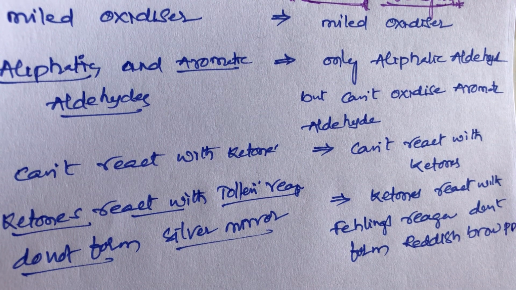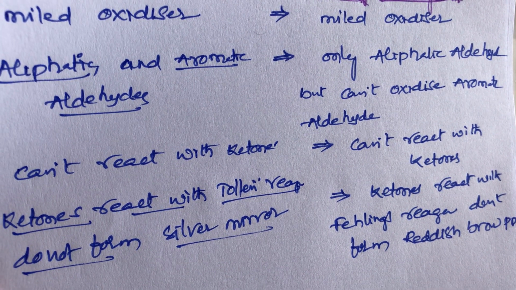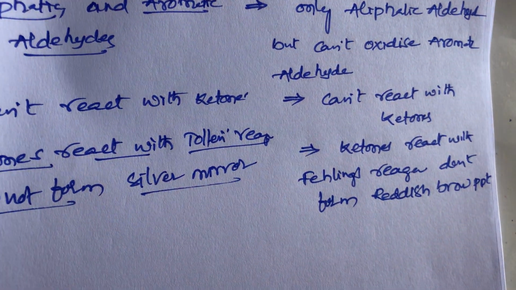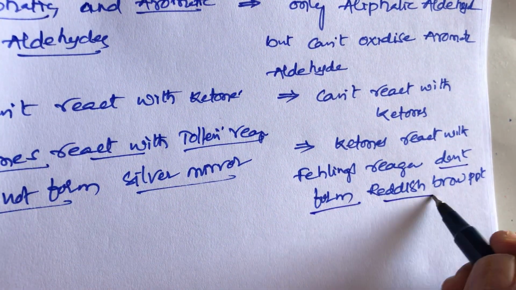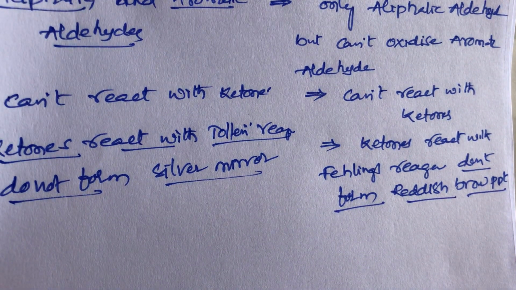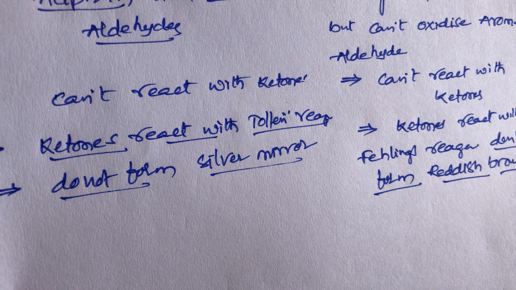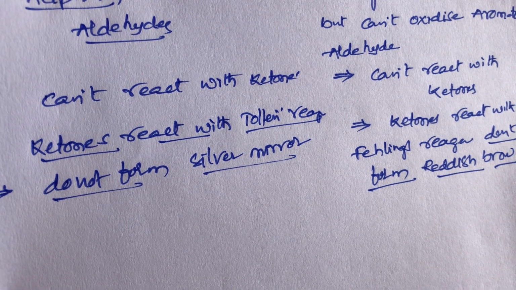It is very important. When ketones react with Fehling's reagent, what happens? No reddish brown precipitate forms. Overall, both Tollens reagent and Fehling's reagent do not react with ketones. It is a very important point.